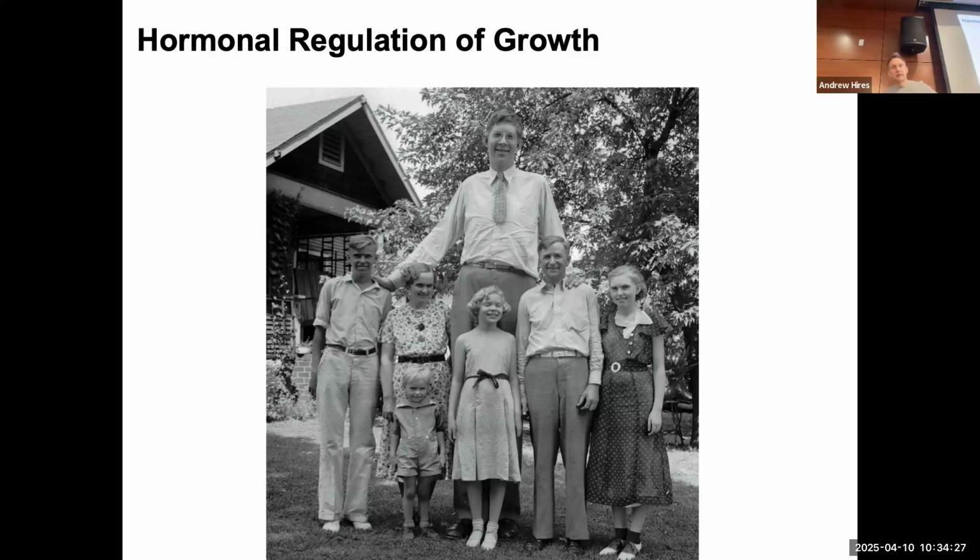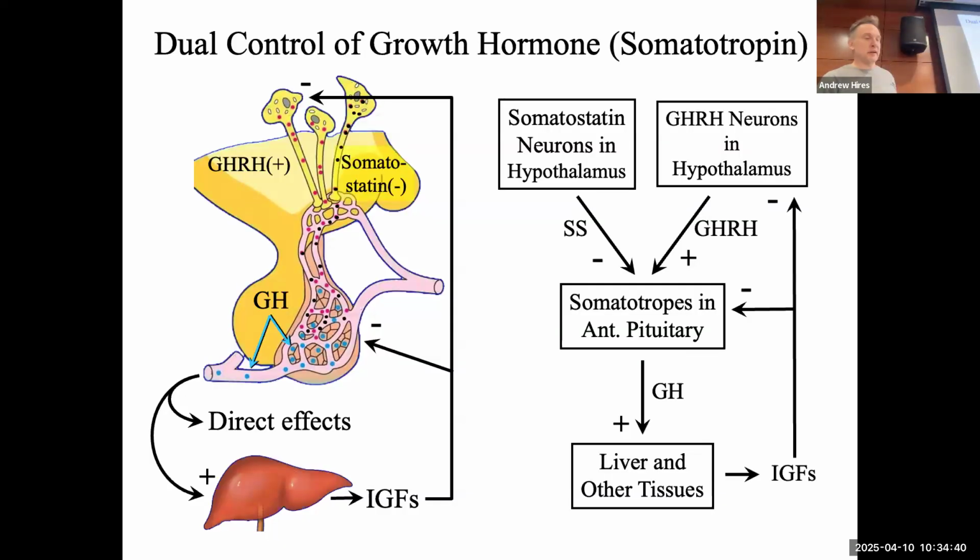Now, you still can genetically have extremely tall people. Yao Ming was 7'6", and had very, very tall parents, right? So there are genetic components to that, but once you're getting above 7'6", almost everybody pretty much has some tumor within their anterior pituitary or some dysregulation of the hypothalamus.